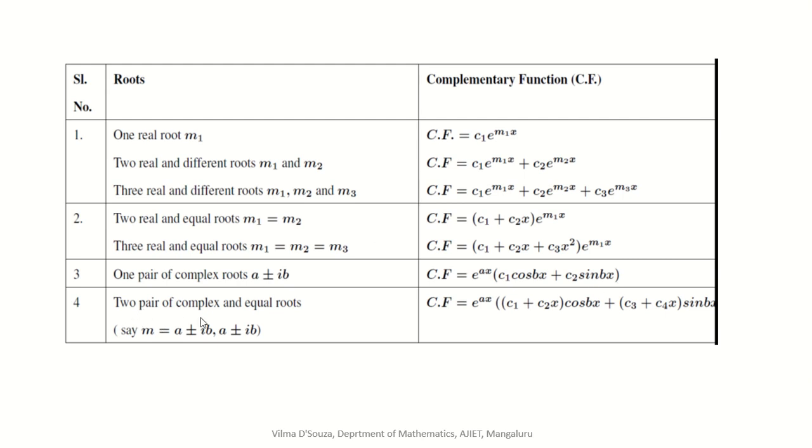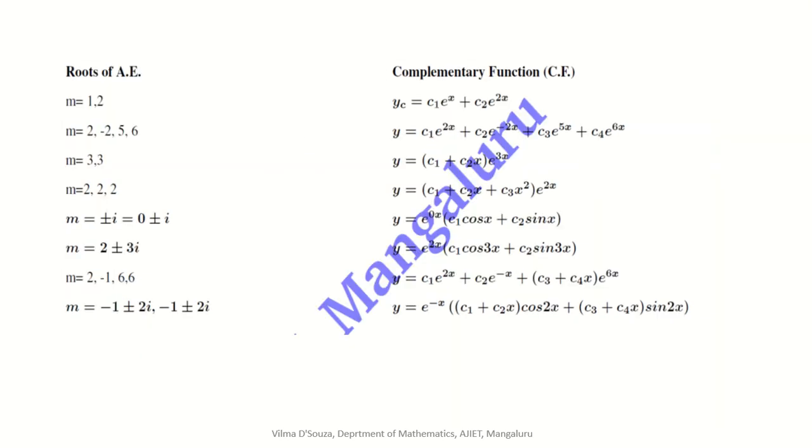And if you have two pairs of complex and equal roots, a plus or minus ib, again a plus or minus ib, what you do is, instead of c1 plus c2x, in place of c2 another constant, c3 plus c4x. Okay, so we'll consider few simple examples.